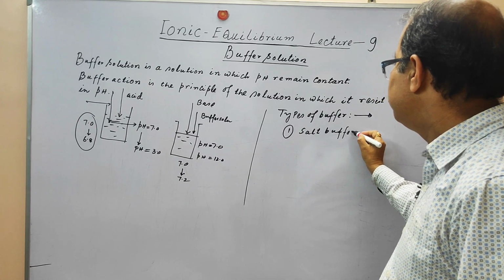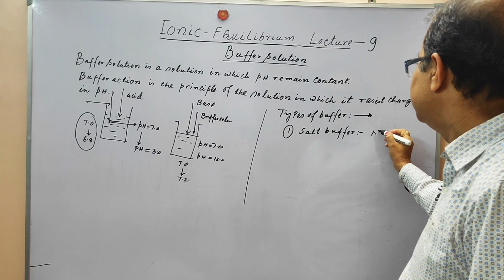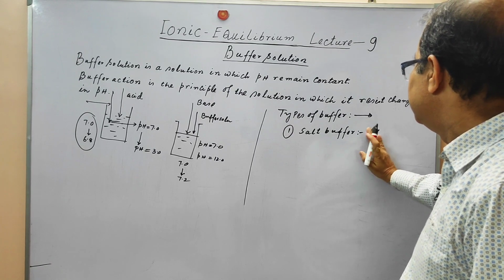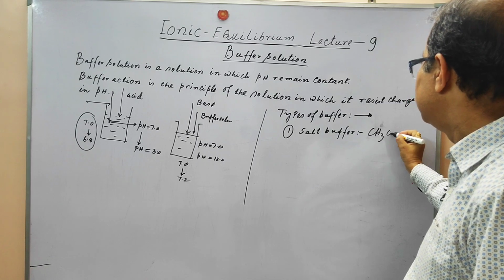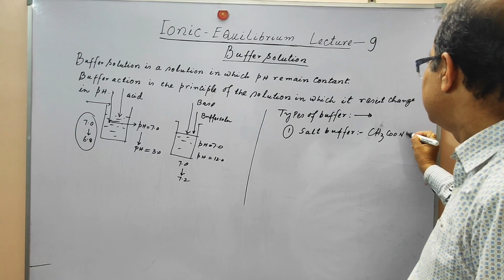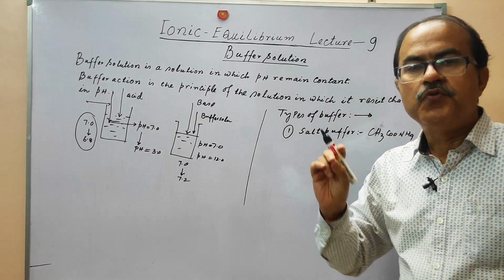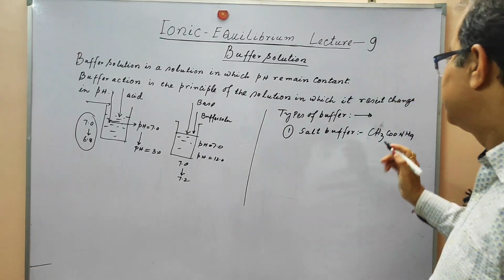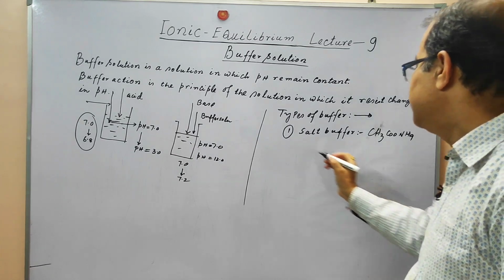An example of the salt buffer is ammonium acetate. It is prepared from a weak acid and a weak base. The weak acid is acetic acid and the weak base is ammonium hydroxide.